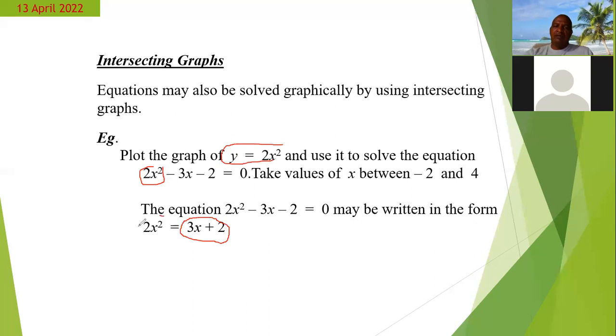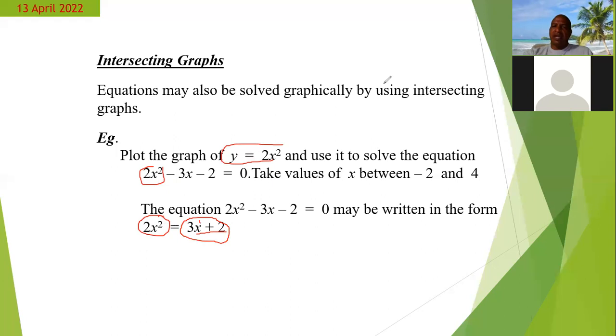And so here we have 2 parts. What we are going to do is plot each part separately. So we're going to do one table for 2x squared and one table for 3x plus 2. Now, remember, this part would give you a straight line graph because the power of x is 1. This part would give you a curve because the power of x is 2.